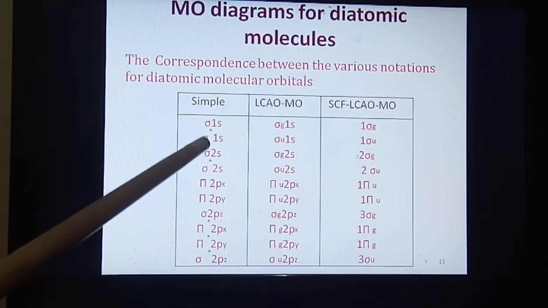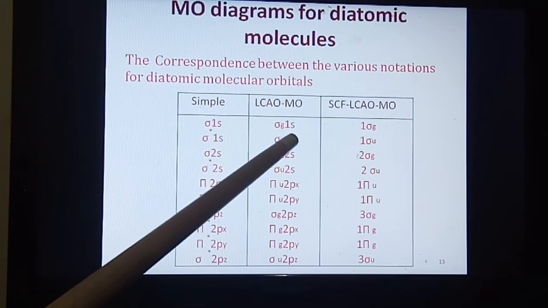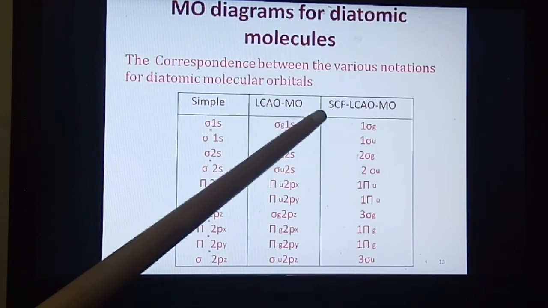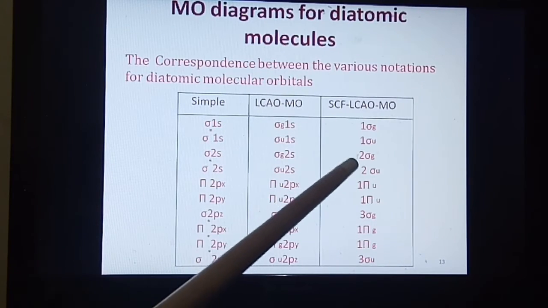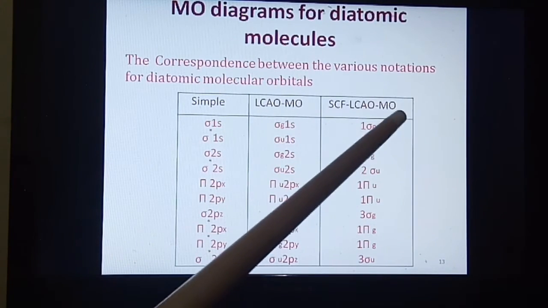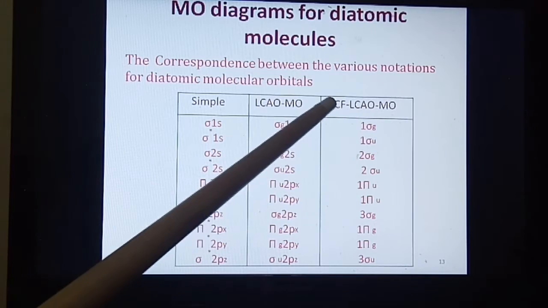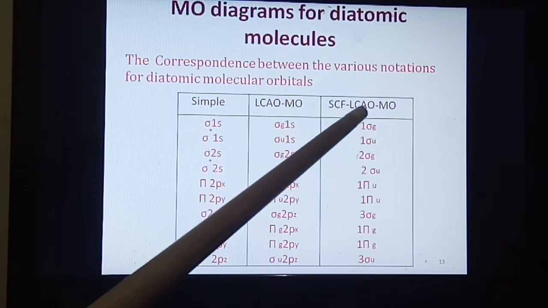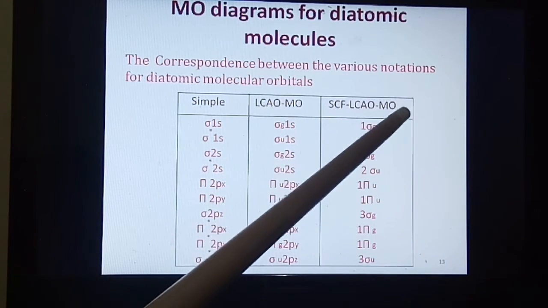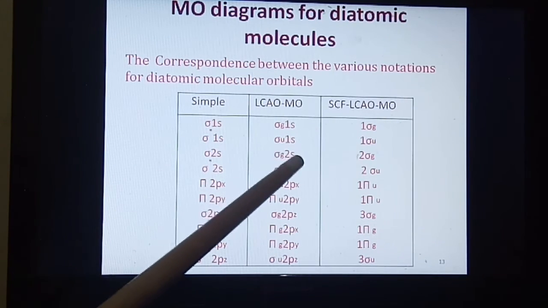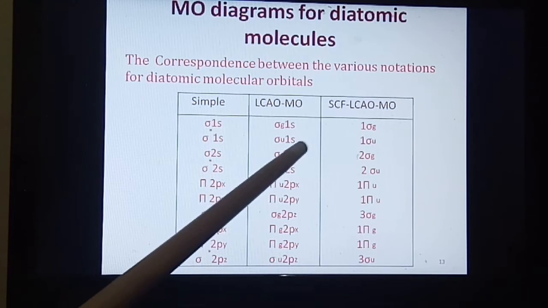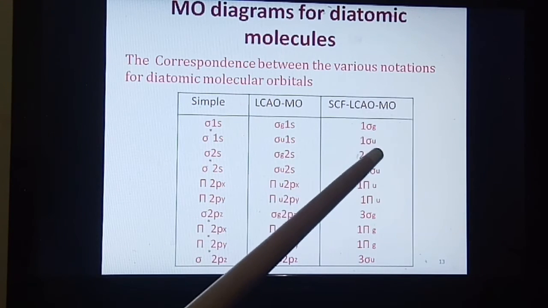So this is the sigma 1s orbital. This can be represented by sigma g 1s also. This is the linear combination of atomic orbitals, MO, and this can also be represented by 1 sigma g. Similarly, sigma star 1s can be represented by sigma u 1s, or 1 sigma u.